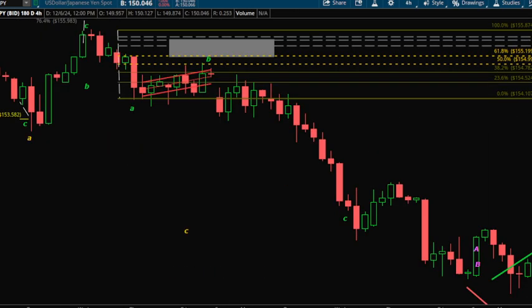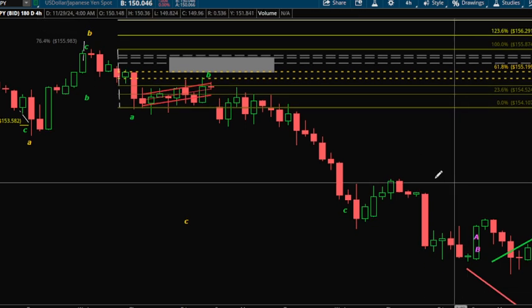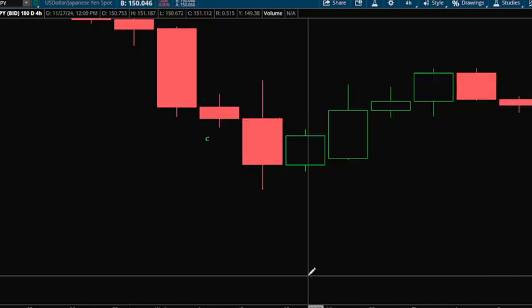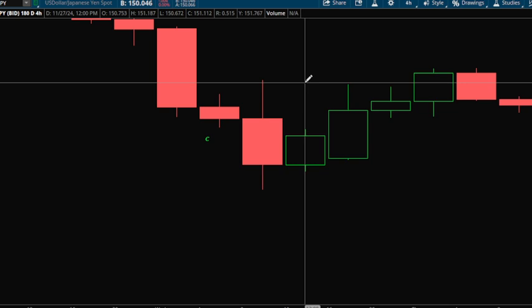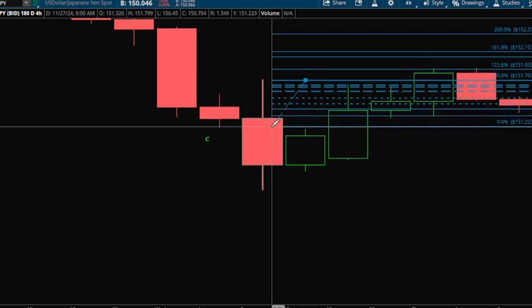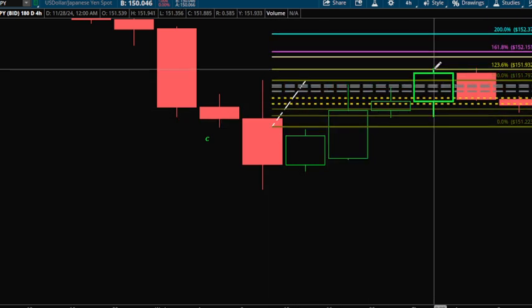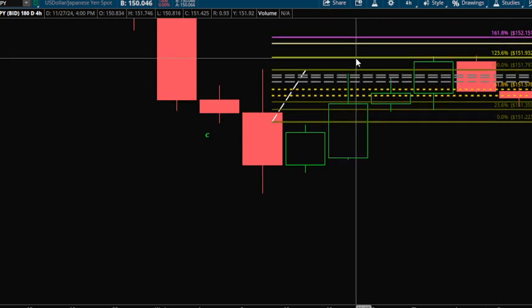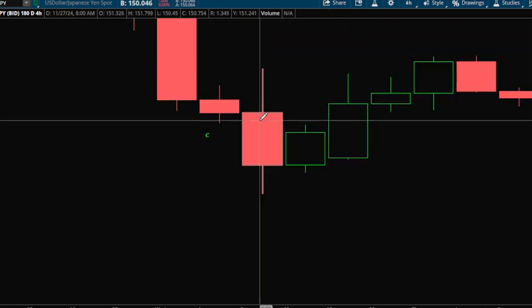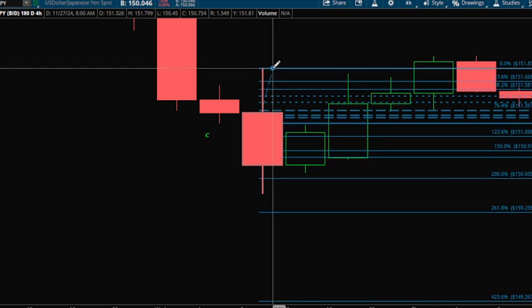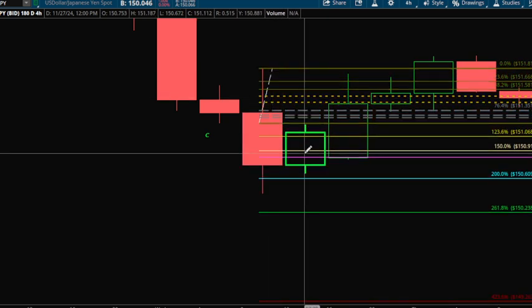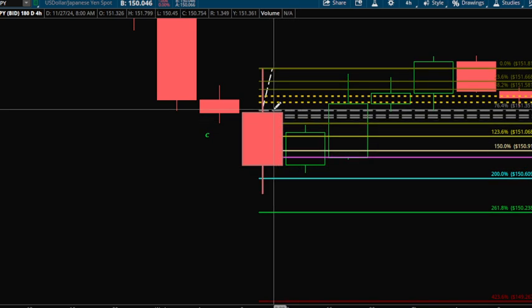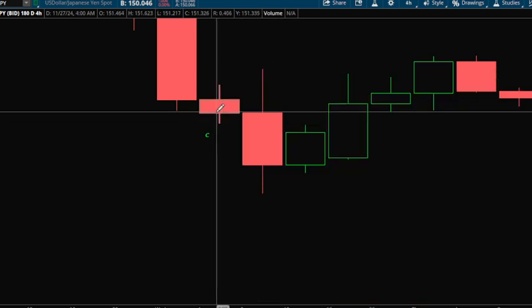So typically the point of origins that they go past, I look for 123 on both sides. 123.6. There you go. Let's see here.